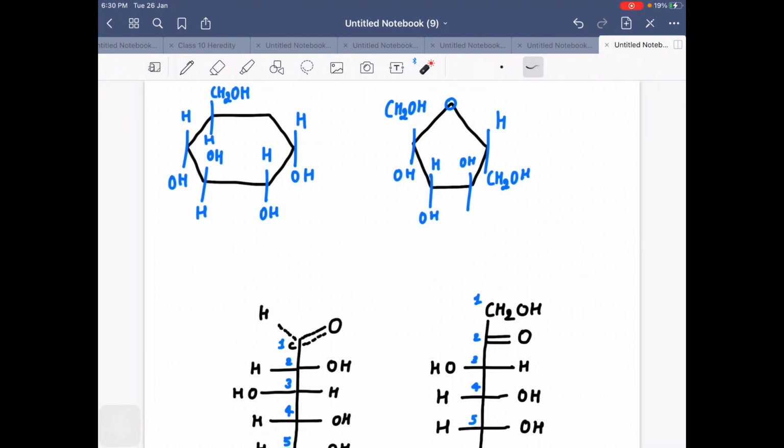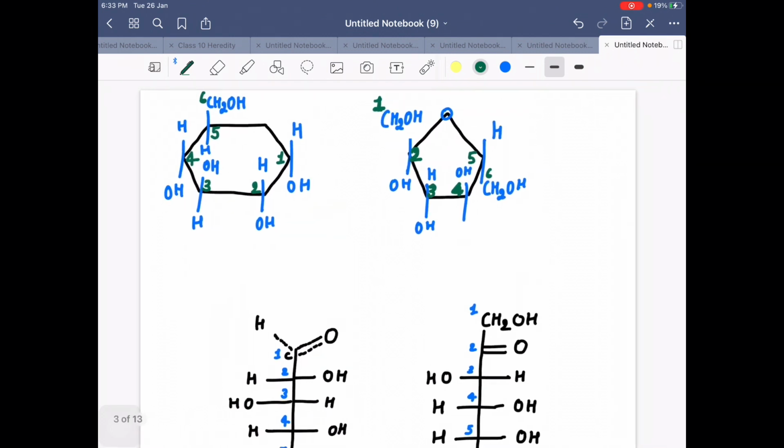So now come to the ring structure. Glucose has a 6-membered ring and fructose has a 5-membered ring, right? If I give them numbering, let's number 1, 2, 3, 4, 5, 6. When we number our fructose ring, this is our first, second carbon, third carbon, fourth, fifth carbon, and here is our sixth carbon, right?